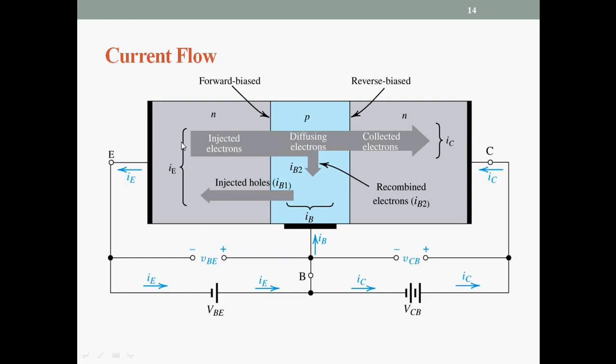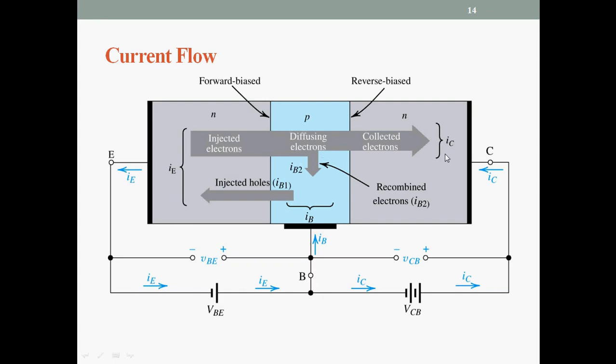We can see here this IE is the current because of injected electrons and injected holes. IB1 is the current because of injected holes, whereas IB is the current flowing because of the battery. IB2 is the current because of diffusion of electrons and holes.